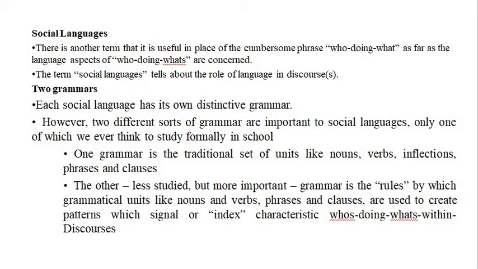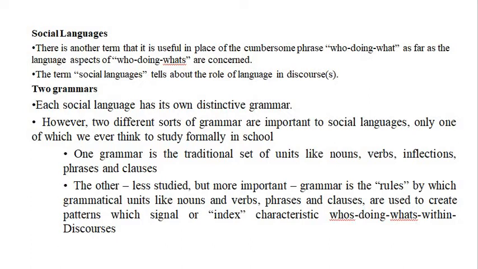The other, less studied but more important grammar, is the rules by which grammatical units like nouns and verbs, phrases, and clauses are used to create patterns which signal or index characteristic who's doing words within discourses.